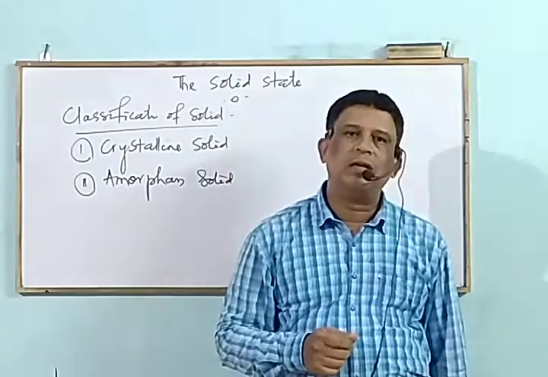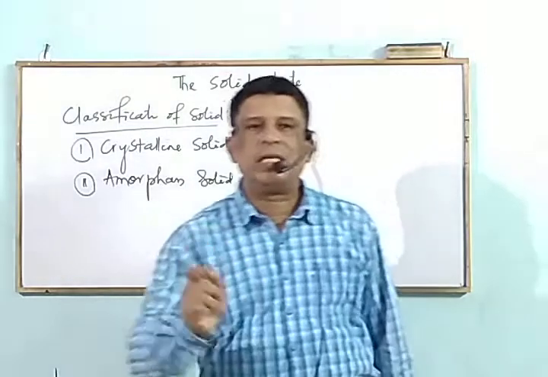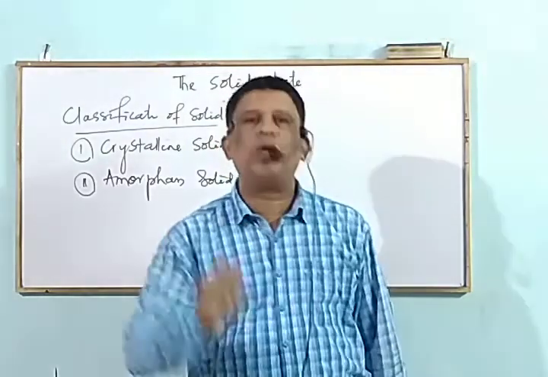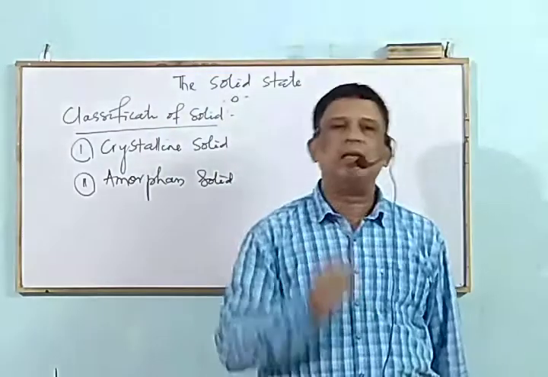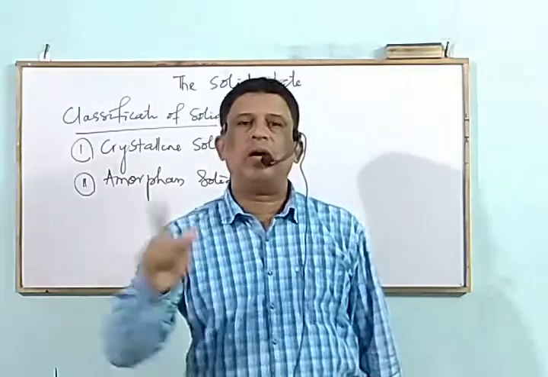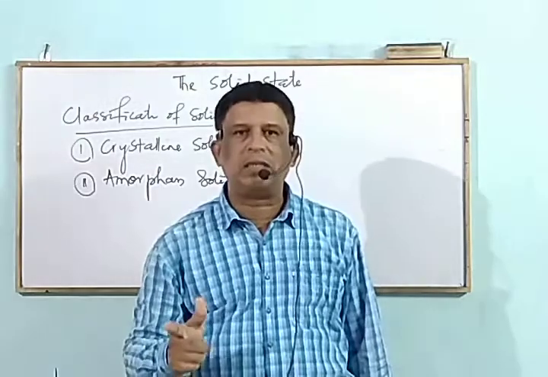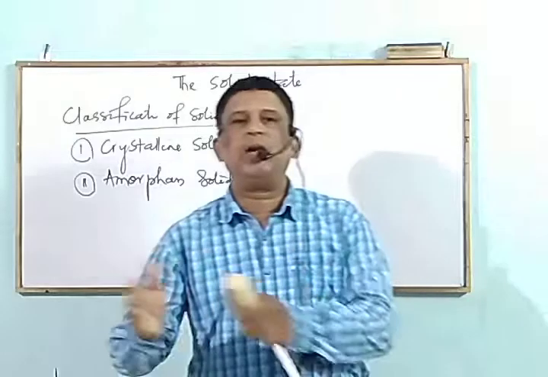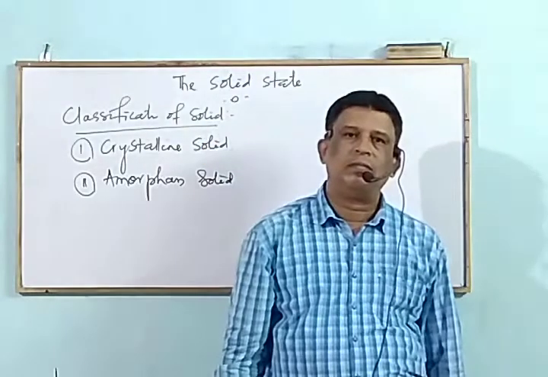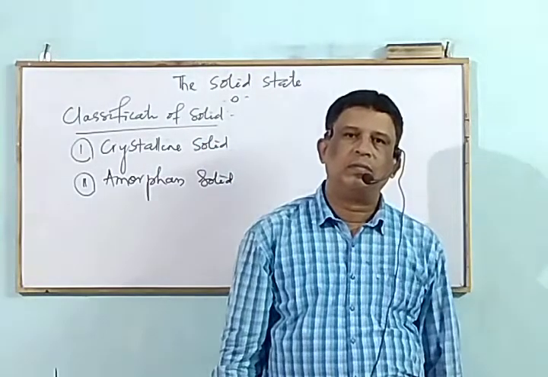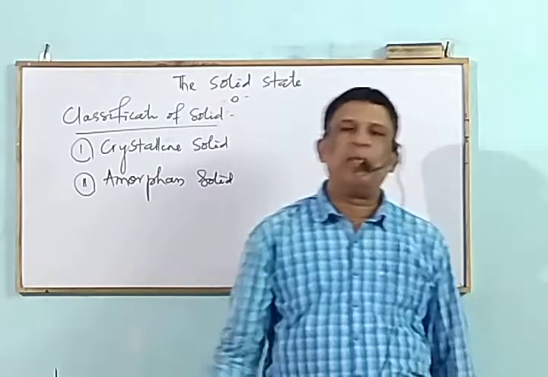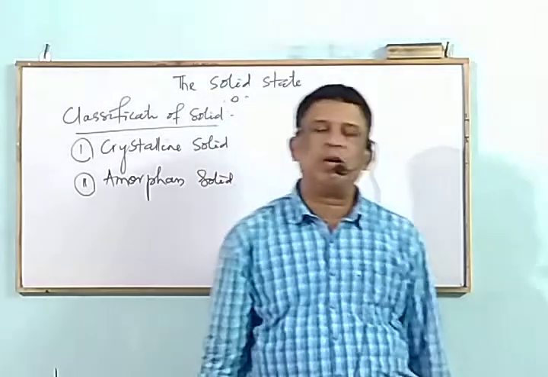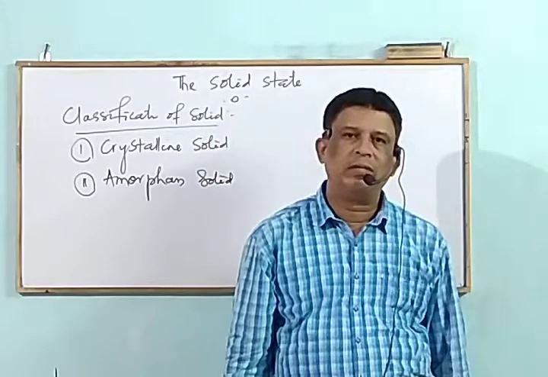I repeat again. A solid is said to be crystalline if the constituent particles are arranged in a regular orderly manner in three-dimensional space for long distances in comparison to internuclear distance. For example, sodium chloride, potassium chloride, ammonium chloride. These are some examples of crystalline solid.